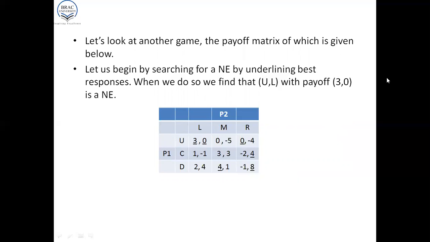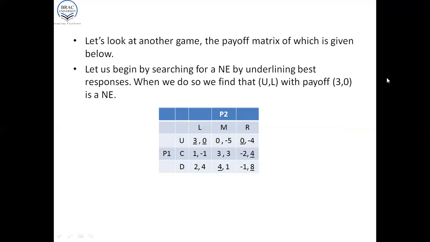We can once again search for Nash equilibria by underlining best responses. When we do so, we find that the strategy UL with payoff of 3-0 is a Nash equilibrium.